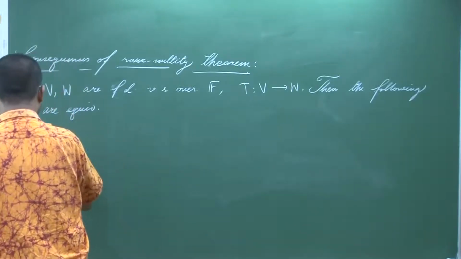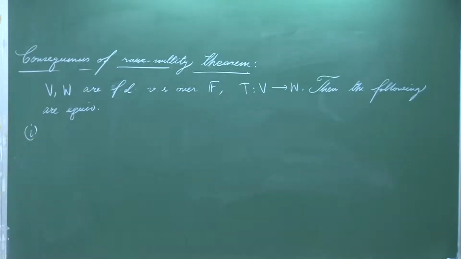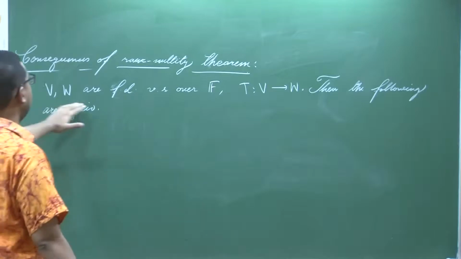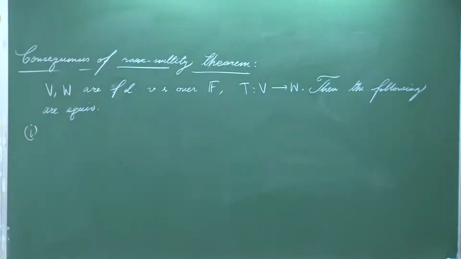So first of all, when we have finite dimensional vector spaces V and W, we have this rank nullity theorem.